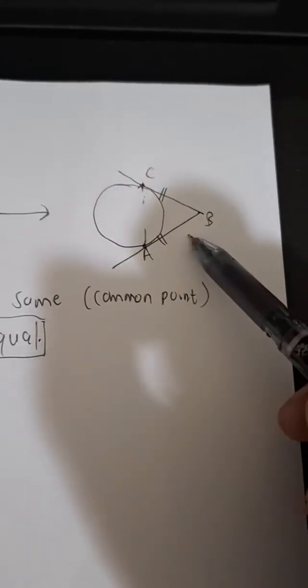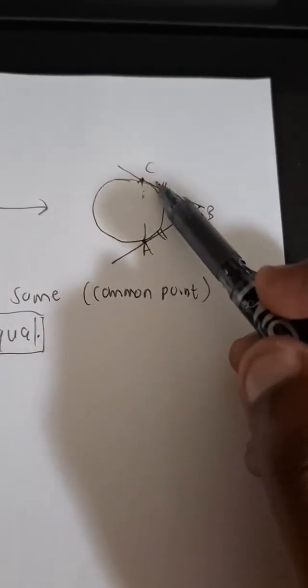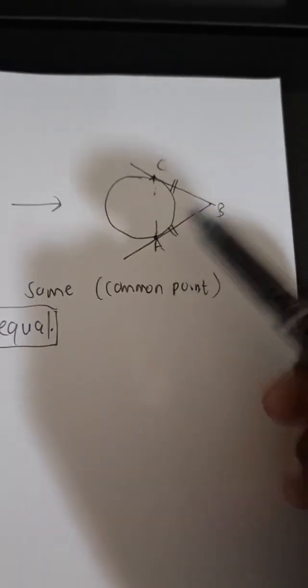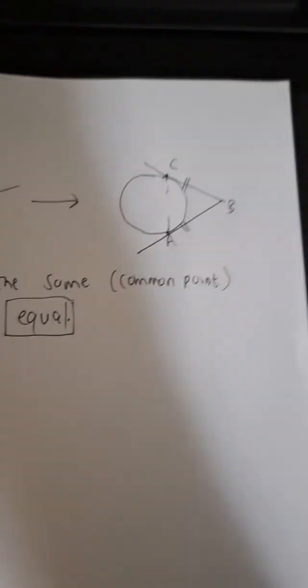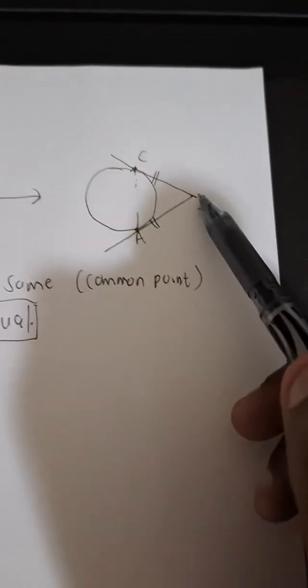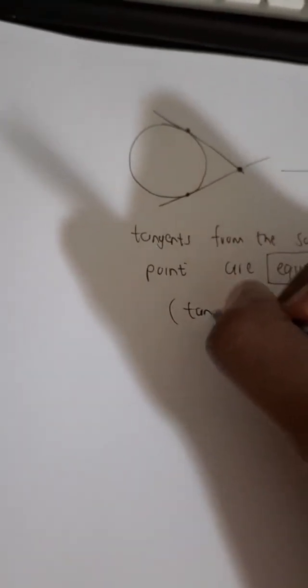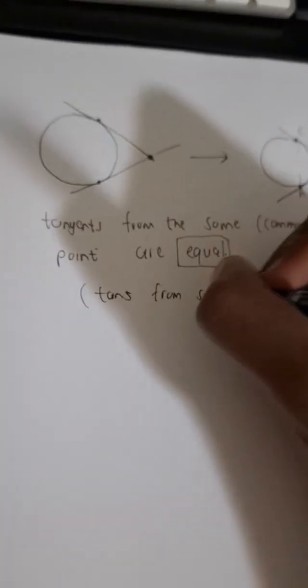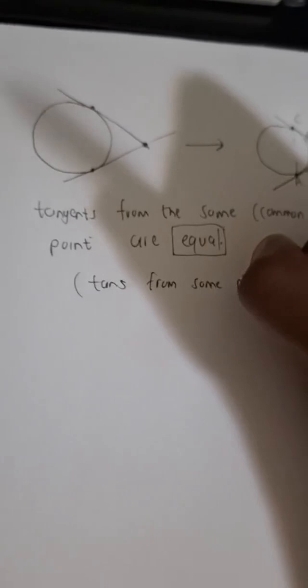And if AB and CB are equal, then the angles opposite those equal sides are also equal, because of angles opposite equal sides. So there are many things that we can then allude to, because we know that tangents from the same point are equal. So the reason that we use is tans from same point. Very important. Or we can say tans from common point.